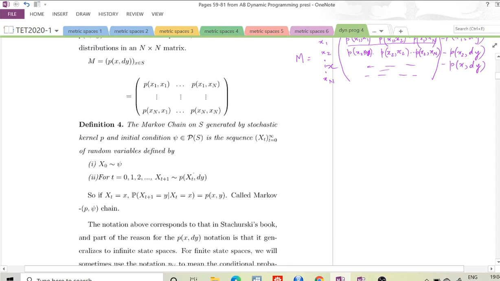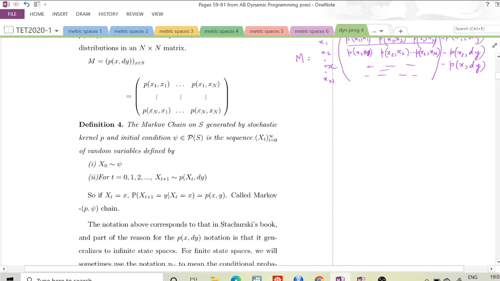P(x_t, dy). So in particular, if the random variable x_t has the realization small x, then from x_{t+1} being distributed according to P(x_t, dy), we know that the probability that x_{t+1} is equal to y given x_t is equal to x can be read off the stochastic kernel.